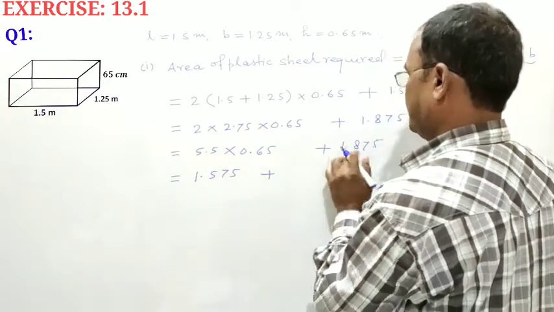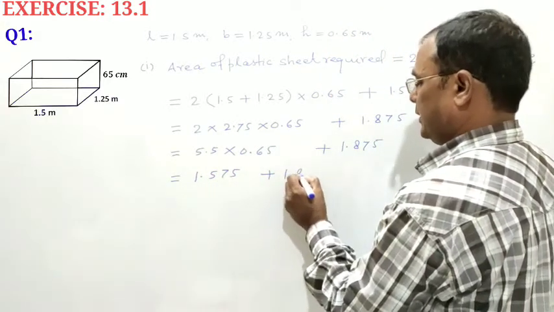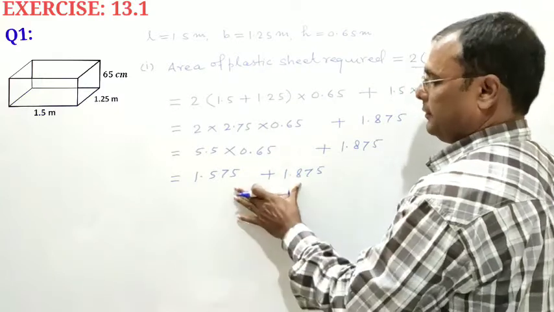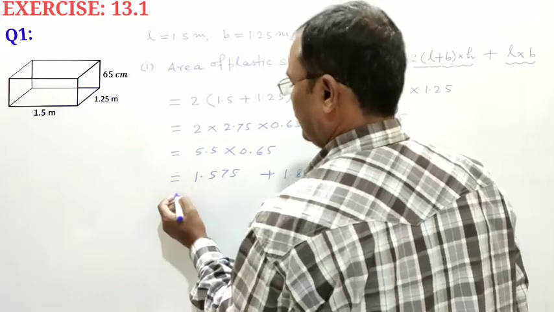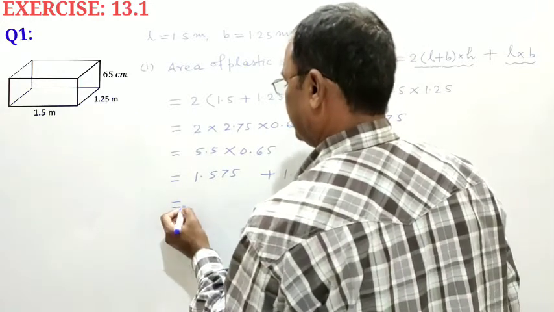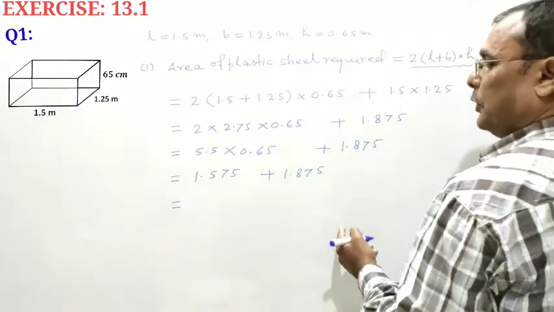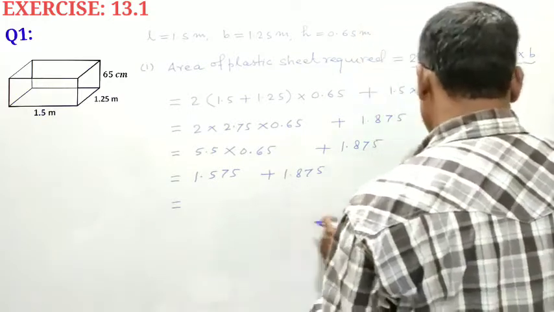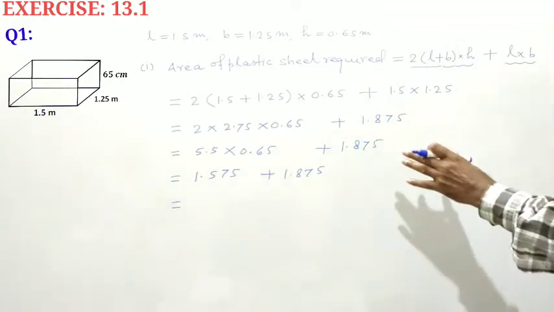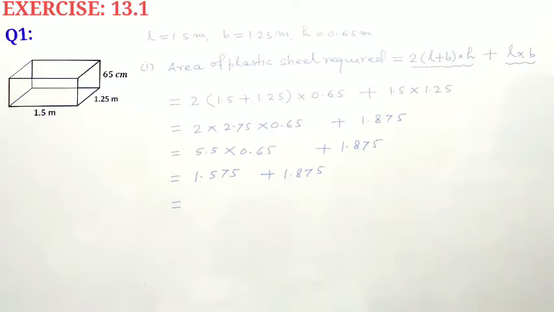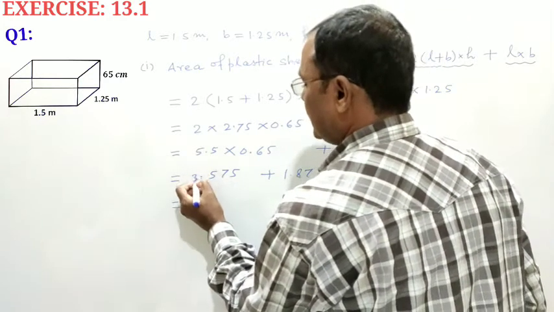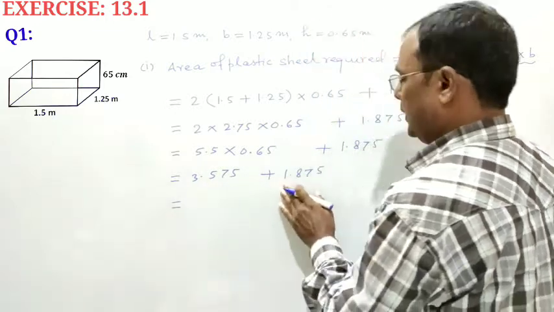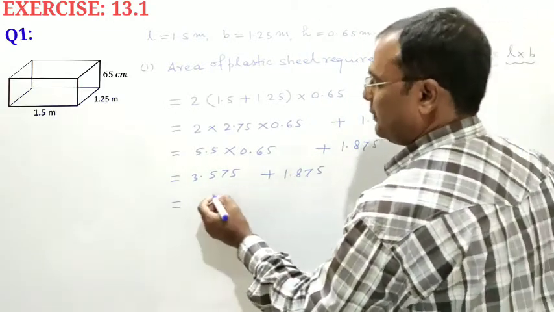Actually, let's multiply 5.5 and 0.65. This gets 3.575 plus 1.875.